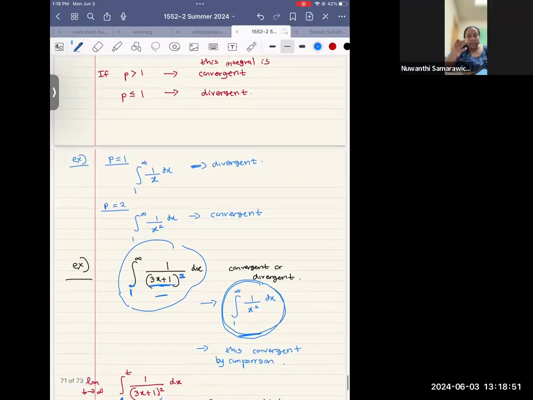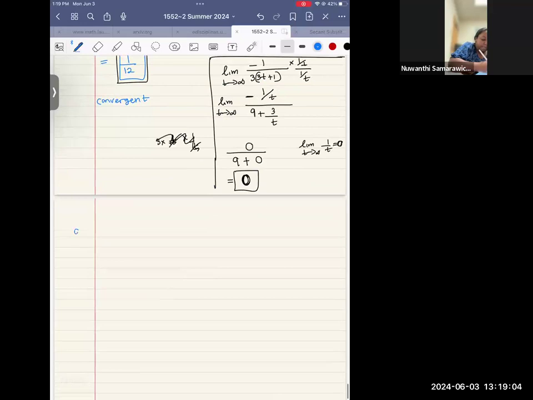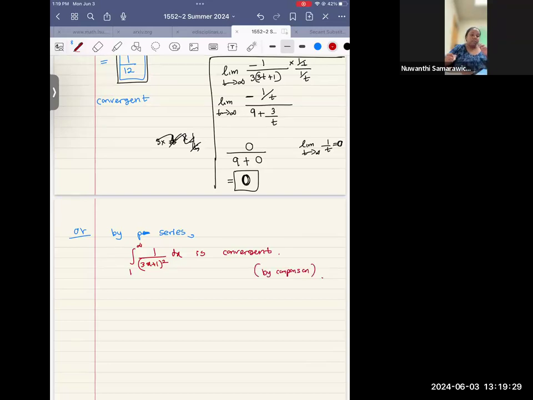So we can use the comparison and say straight away, without solving or proving, that this whole thing is convergent by P series, by comparison.